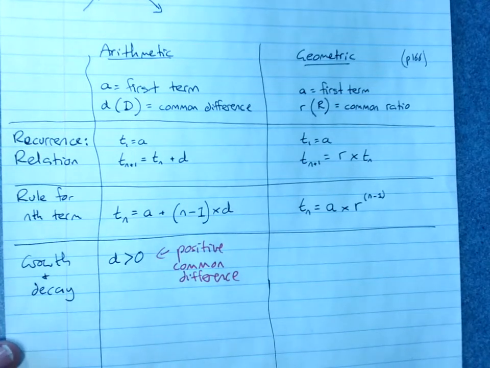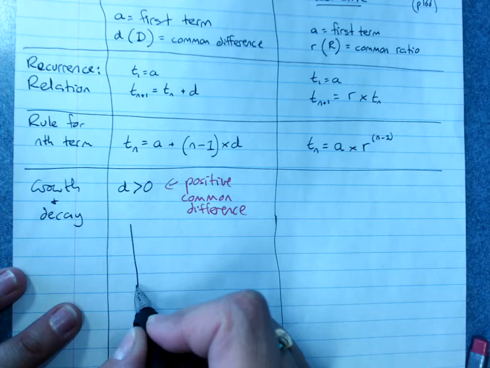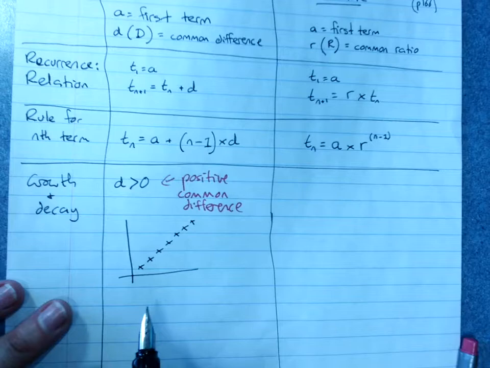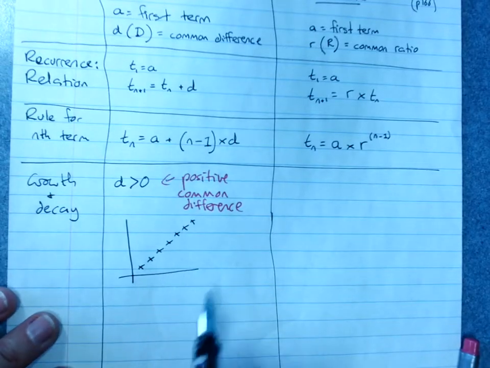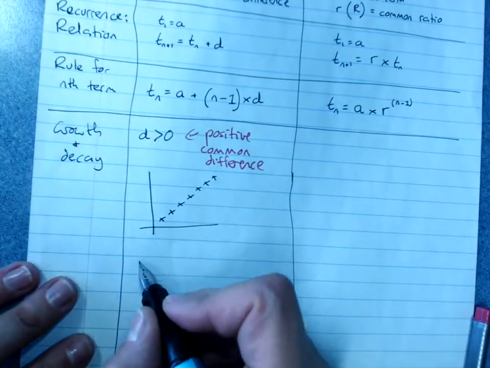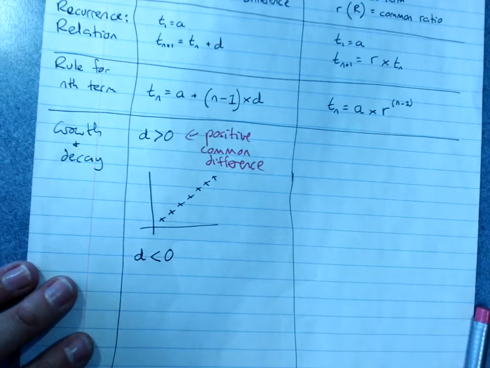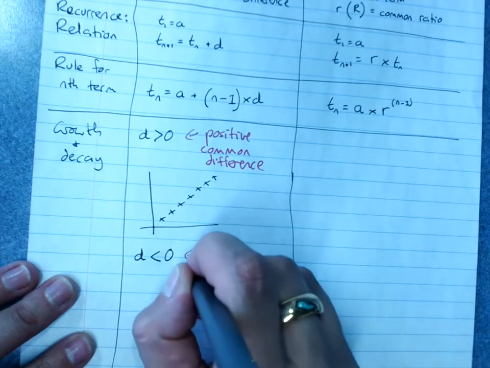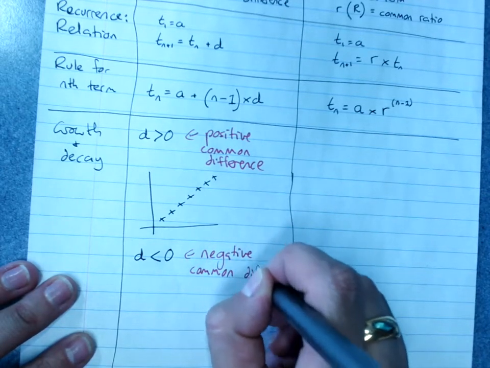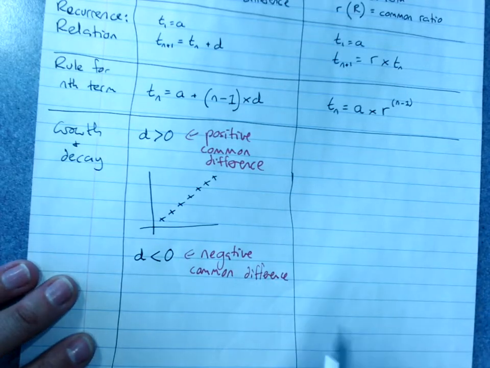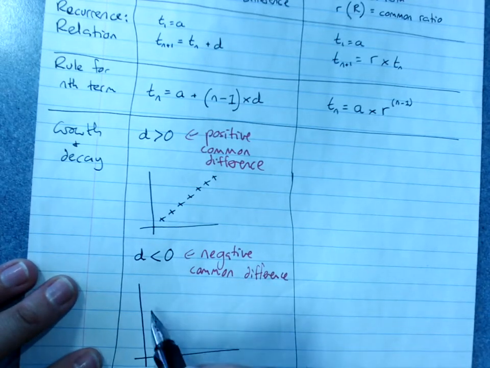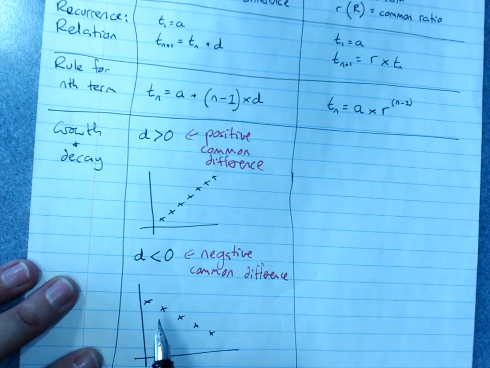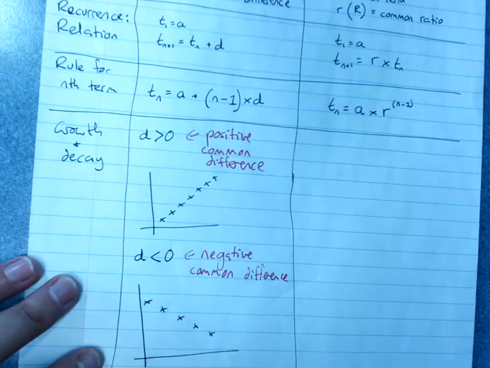So a positive common difference in an arithmetic pattern would have a graph that looked like this, and a number pattern that was increasing, 2, 4, 6, 8, or whatever it happened to be. When the common difference is less than 0, that is, it's a negative common difference, then we're taking away from each term, and the graph would look like this, like 10, 5, 0, whatever, moving down the page.